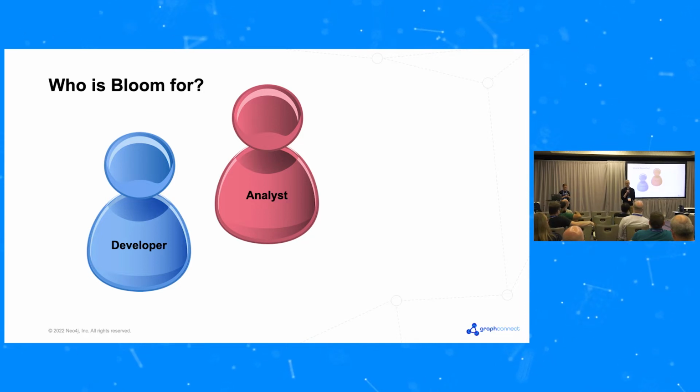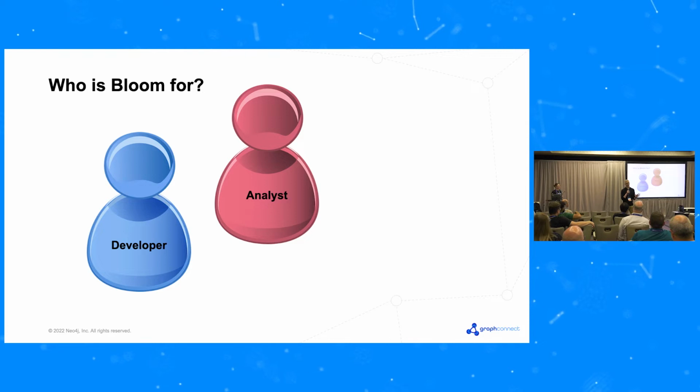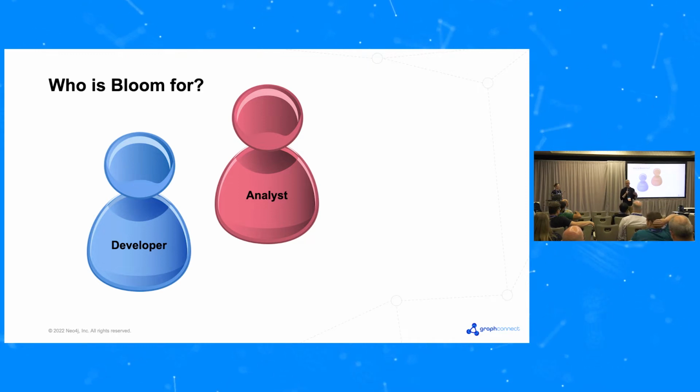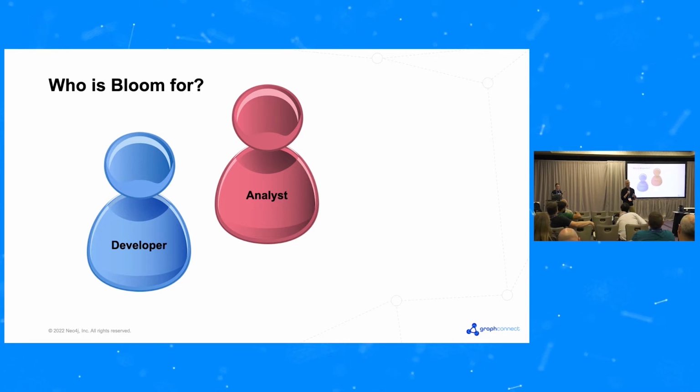We now refer to it as saved Cypher because we have two categories of search phrases as of Bloom 2.2. One is the classic search phrase that we've always had, and then the other one is what we call scene actions. Developers can write these, and they can be very complex Cypher queries, and then analysts can use them from the near natural language search bar that we have in Bloom, or in the case of scene actions, from the context menu when you highlight and select nodes and relationships.